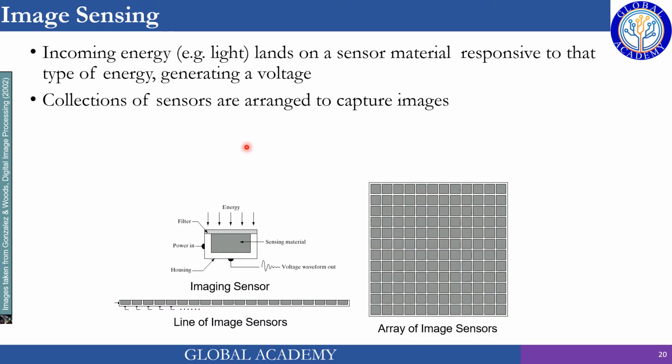Similarly, more sophisticated and miniature light sensors are arranged in a camera in a 2D matrix like this one. Each box is in fact a light sensor just like this one. When the energy falls on the sensor, it produces a voltage waveform, and it is very small in size, and all these sensors are placed in a 2-dimensional array of image sensors.